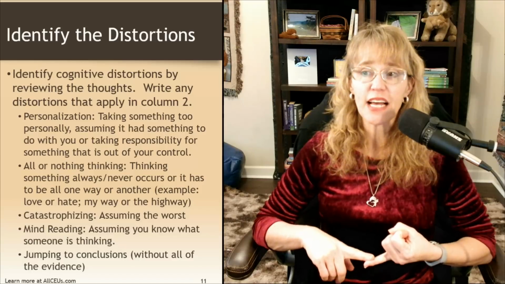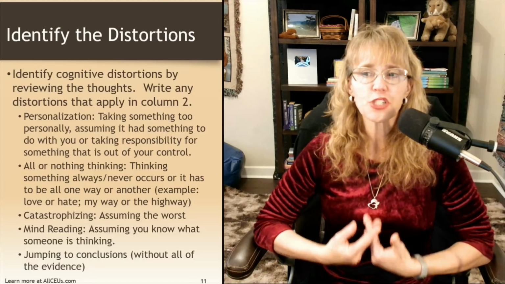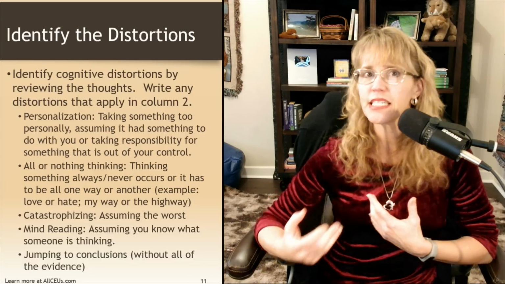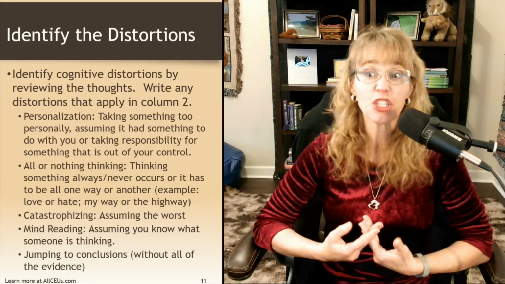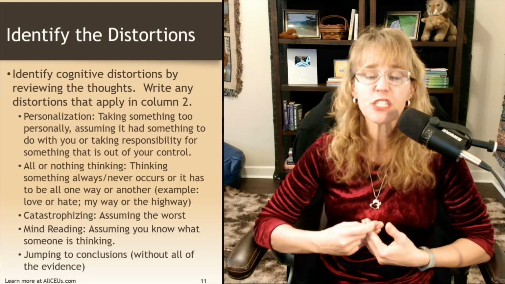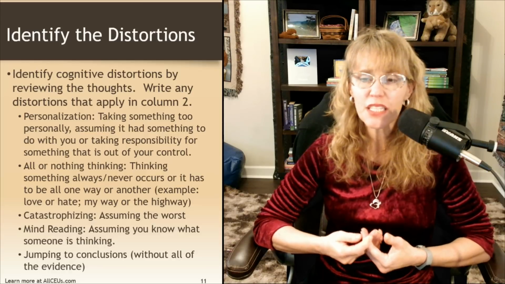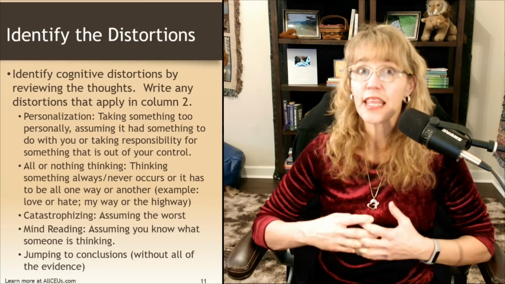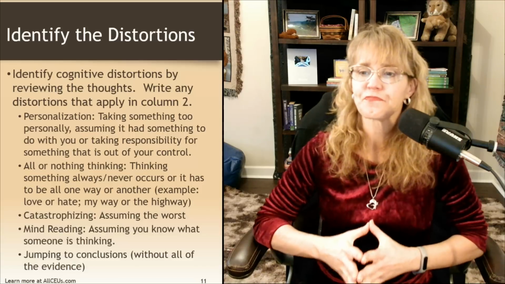If you're personalizing, if you're taking something too personally, assuming that somebody's attitude or what happened had something to do with you and it didn't, or taking responsibility for something that is completely out of your control, then that's a cognitive distortion.